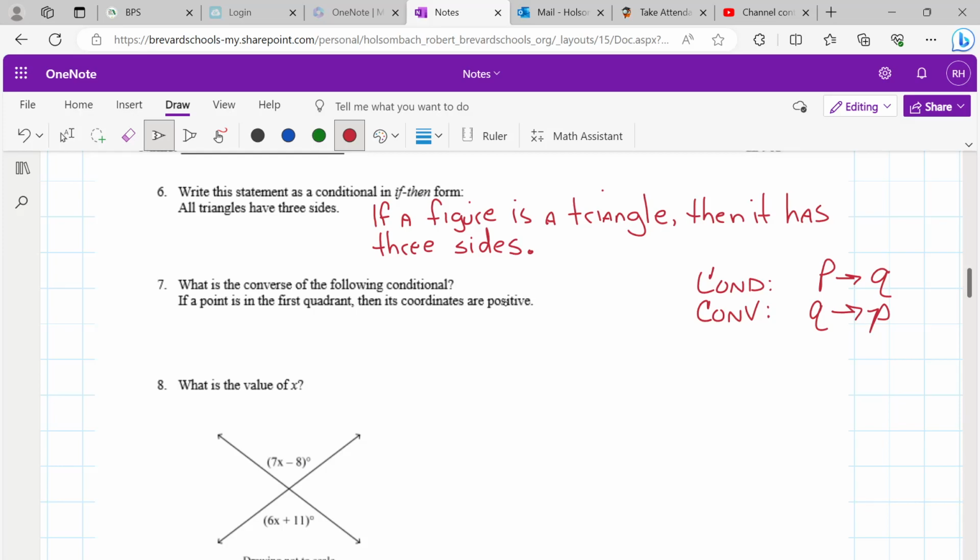So we need to make that our hypothesis. If a point is in the first quadrant, then its coordinates are positive.